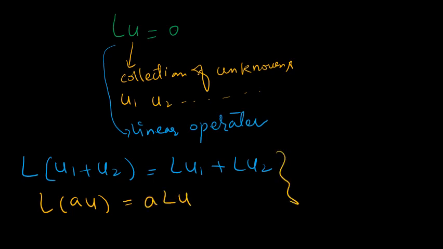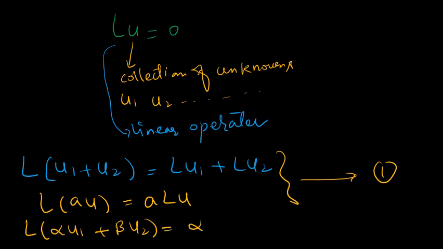For example, if L is applied on alpha u1 plus beta u2, it will equal alpha Lu1 plus beta Lu2, according to equation 1. These are the conditions for linearity.